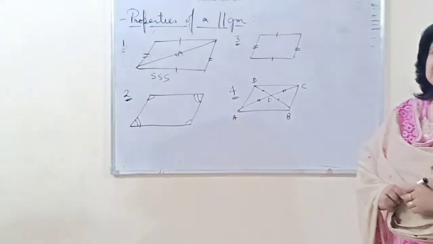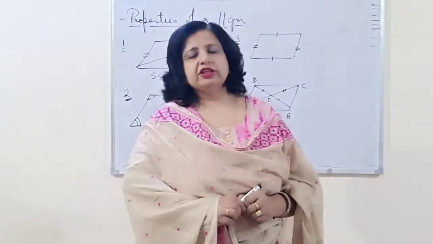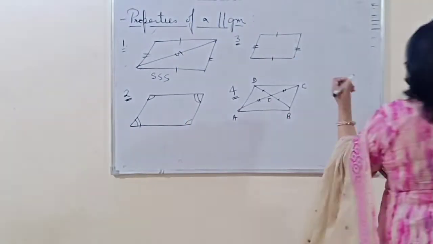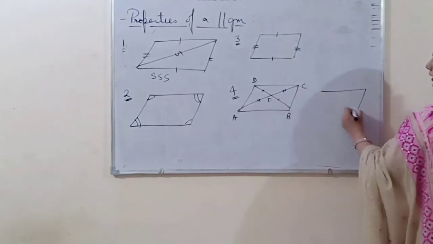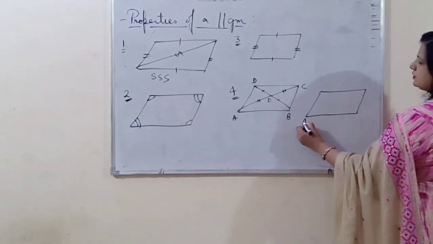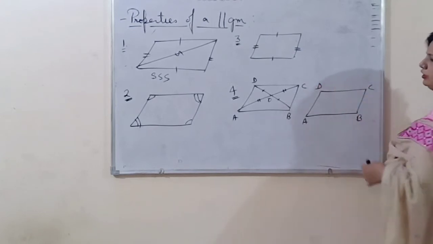Now one more sufficient condition for a quadrilateral to be a parallelogram is that if any one pair of opposite sides is parallel as well as equal, we say that the quadrilateral is a parallelogram. ABCD is a quadrilateral.